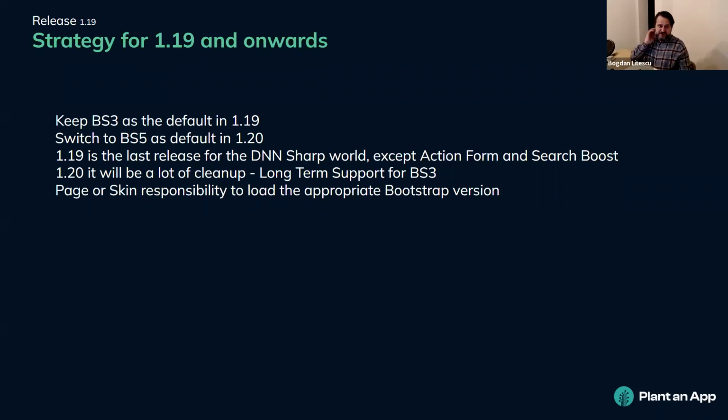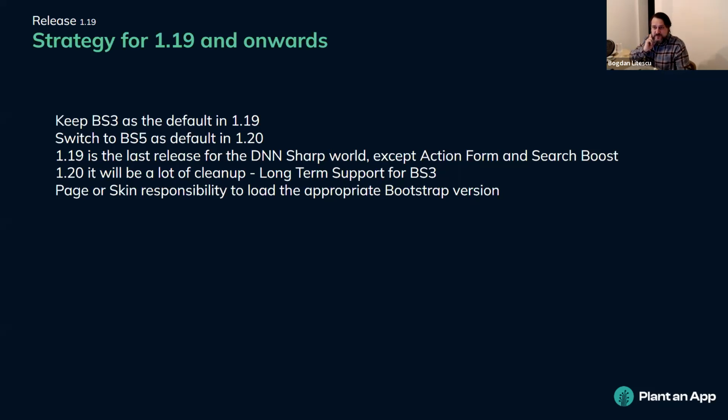Cool. And before jumping to the demo, maybe one other thing that's worth mentioning, and it's a big milestone for us as a company, for us as a community. This 1.19 is the last release in the DNS world. So it will mark the end of, I think, 13 years already of activity in the DNS world.